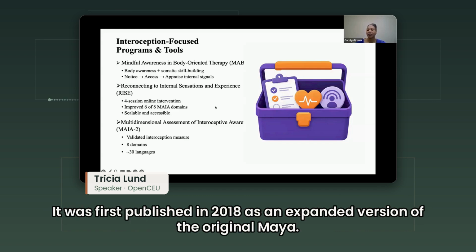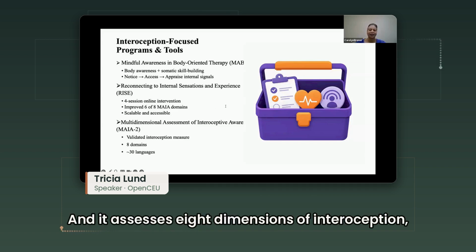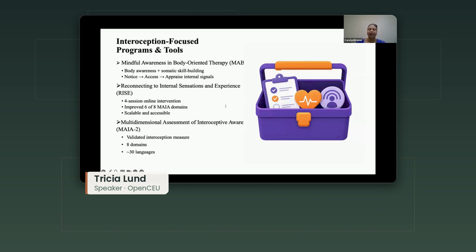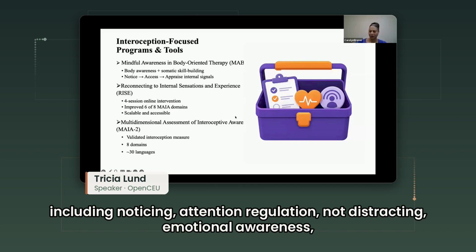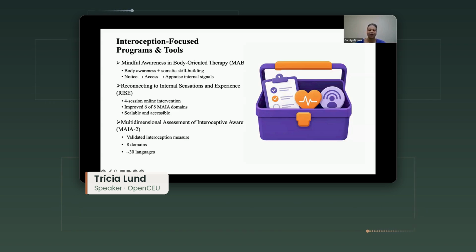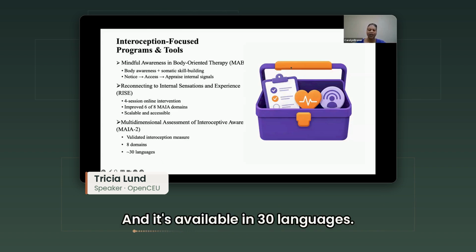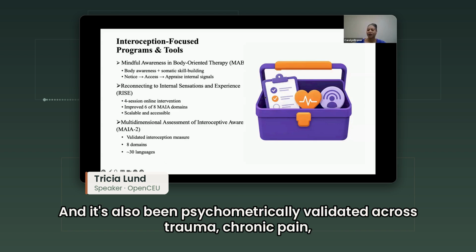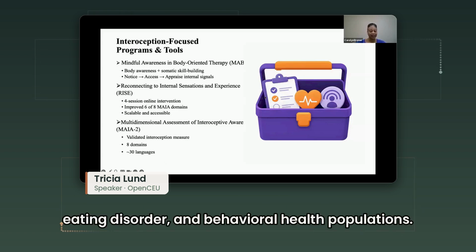It was first published in 2018 as an expanded version of the original MAIA, and it assesses 8 dimensions of interoception, including noticing, attention regulation, not distracting, emotional awareness, self-regulation, not worrying, body listening, and body trust. It's public domain, available in 30 languages, and has also been psychometrically validated across trauma, chronic pain, eating disorder, and behavioral health populations.